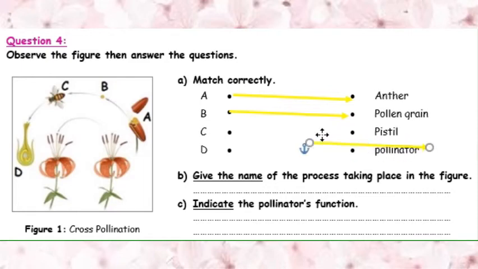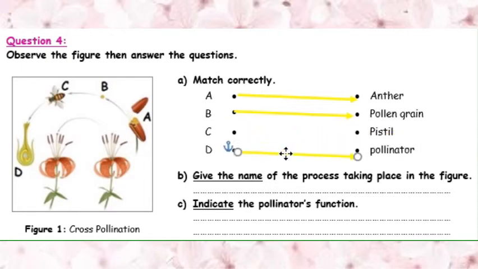This part receives the pollen grain with the help of an animal. This animal is called a pollen helper. This animal helps pollen reach the girl, and it's called a pollinator.